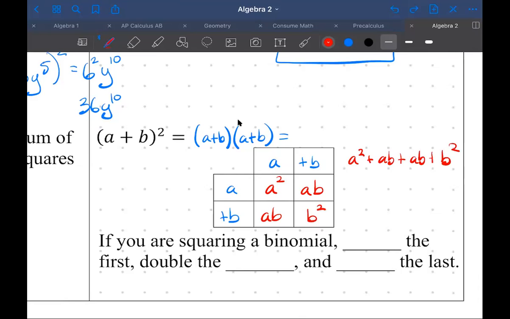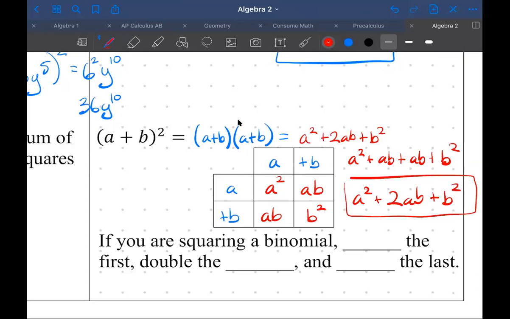As the formula goes, that's kind of hard to memorize. But there it is. So I'm going to come up here and write it out. A squared plus 2ab plus b squared.